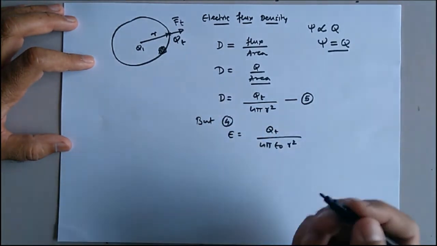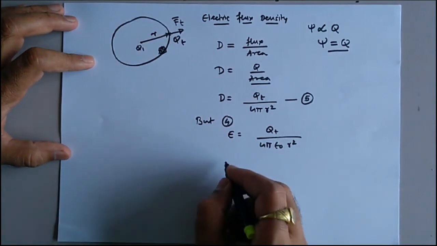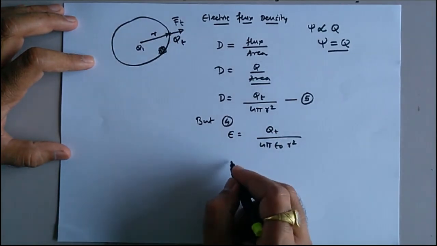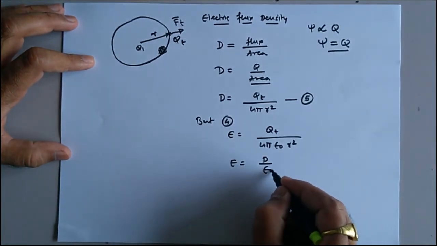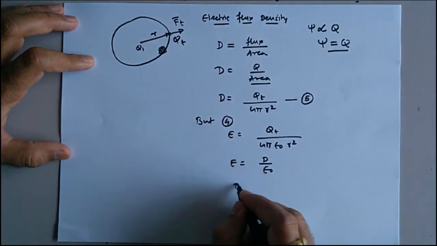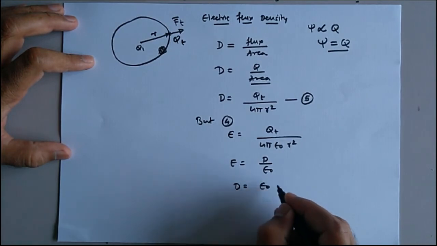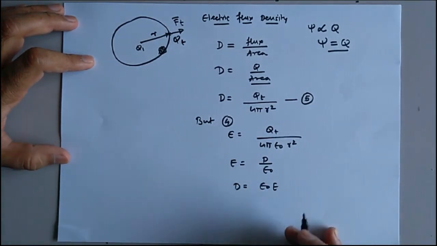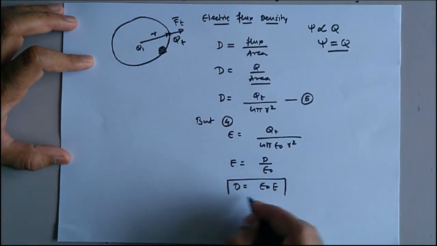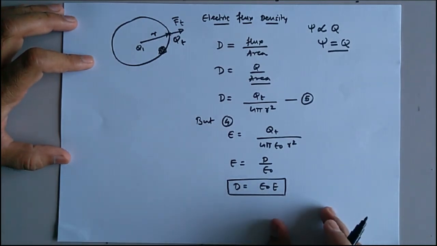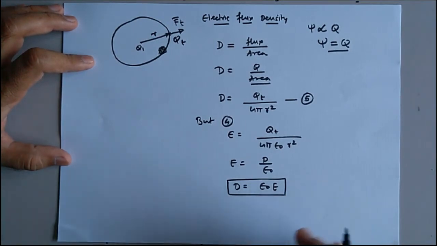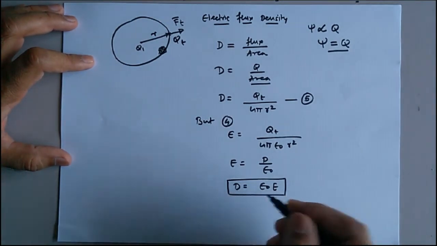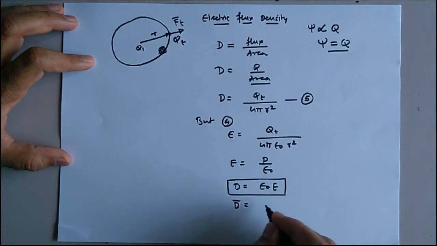Now if you compare these two equations, mathematically we can write the electric field intensity E is D divided by epsilon naught, or D equals epsilon naught multiplied by E. So this is the relationship between electric flux density and electric field intensity of a given electric field. You may write this expression in vector form as D bar equals epsilon naught multiplied by E bar.